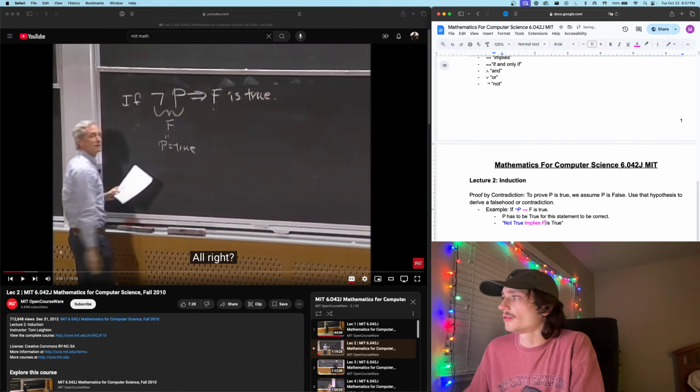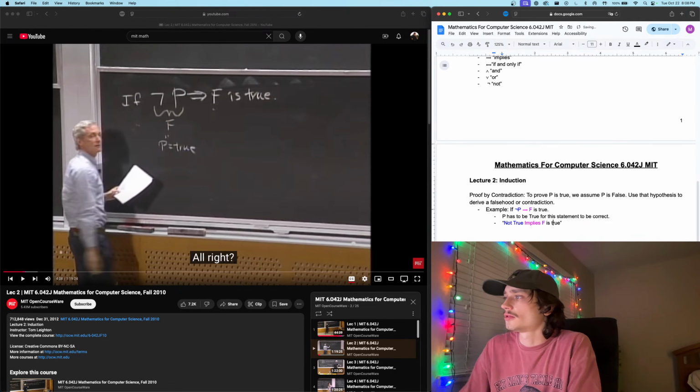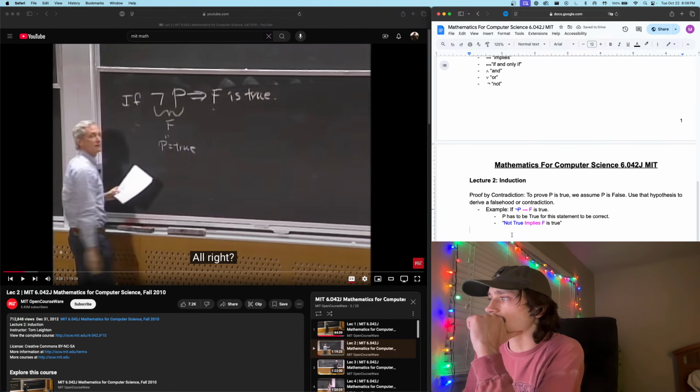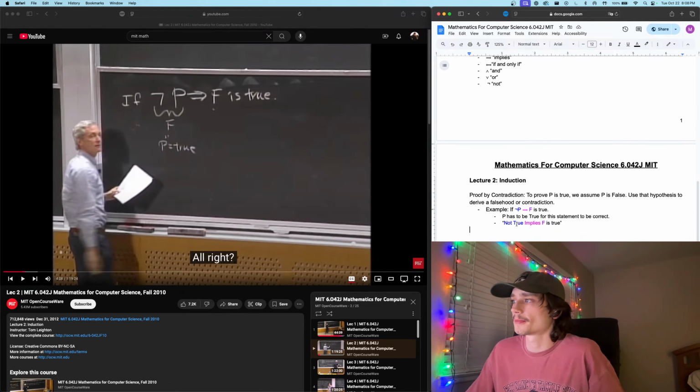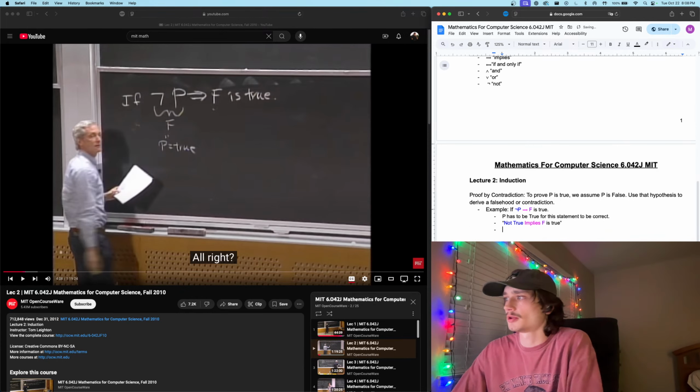Let's say false, let's make false purple, is true. Cool. So not true implies false, and so P has to be true. So P equals true.